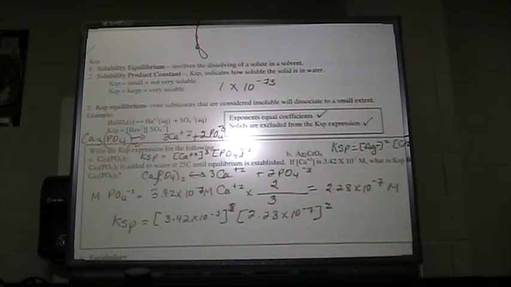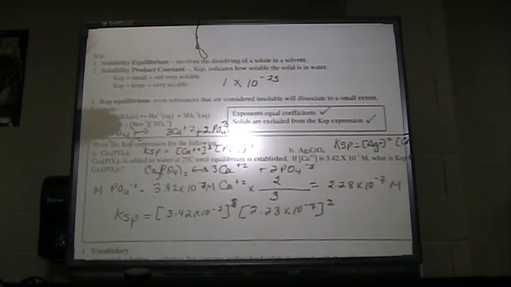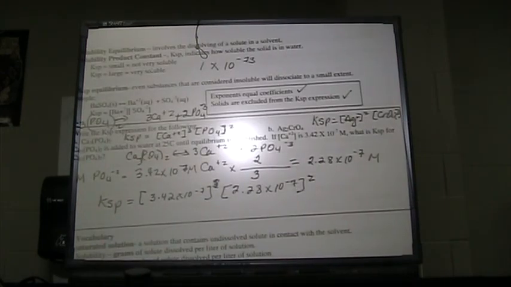When I do that, I come out with an itsy bitsy number, which is 2.08 times 10 to the negative 33.